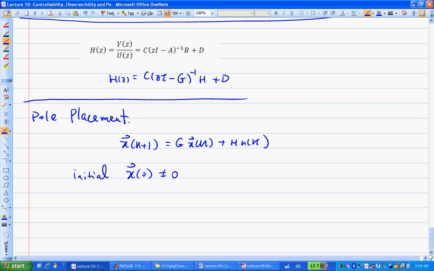If the initial condition is 0 and there's no input, then basically the system is not moving. But if the initial condition is not 0, what you really want is for x(k) to go back to 0.